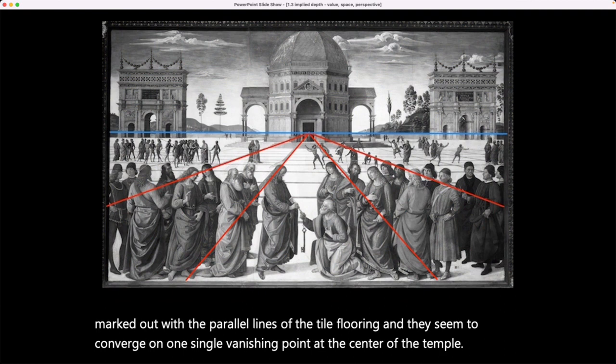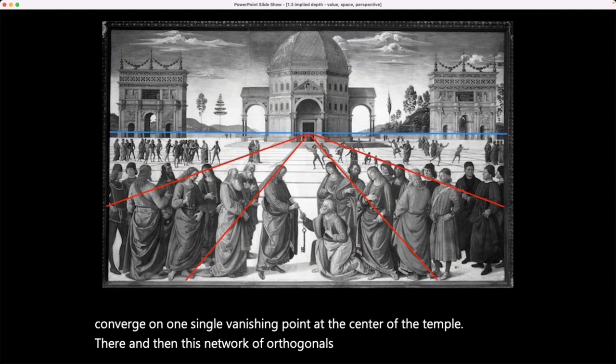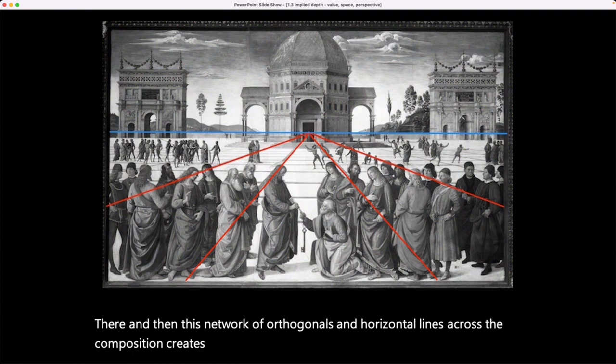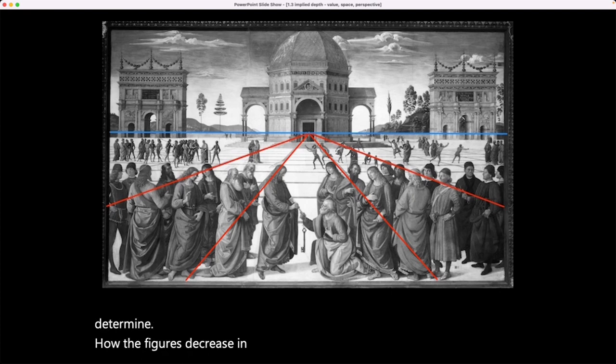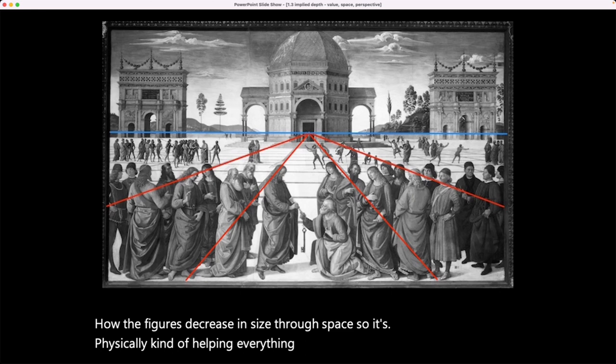And then this network of orthogonals and horizontal lines across the composition creates this grid that helps to measure space and figures and determine how the figures decrease in size through space. So it's physically kind of helping everything stay in scale.